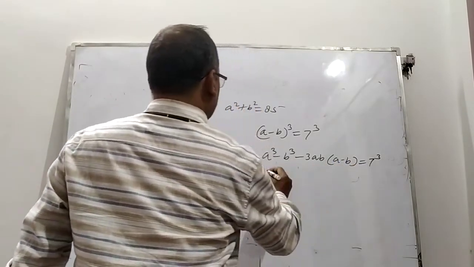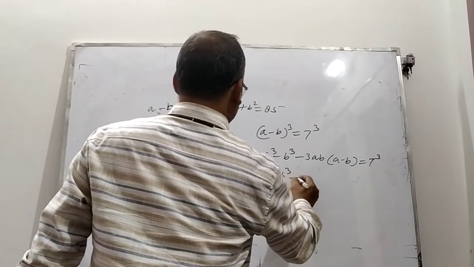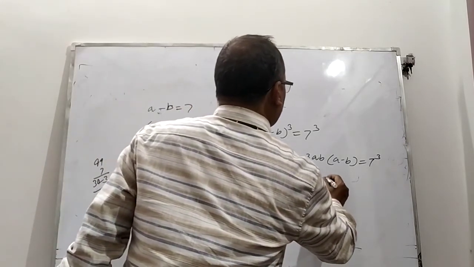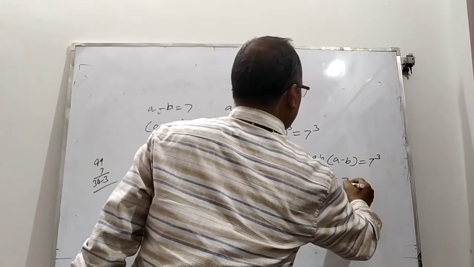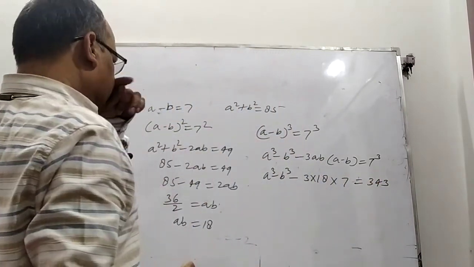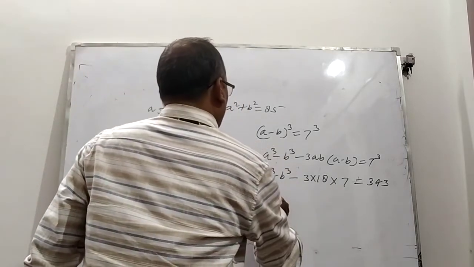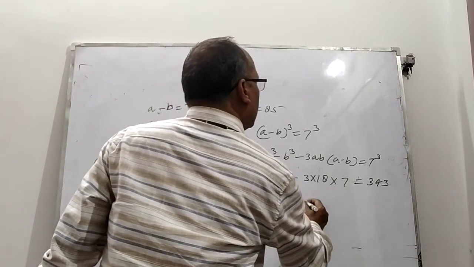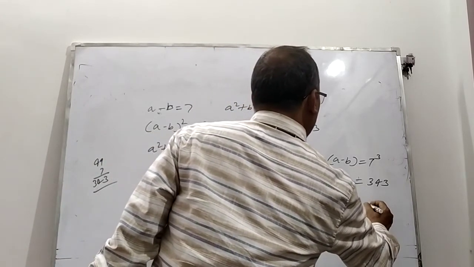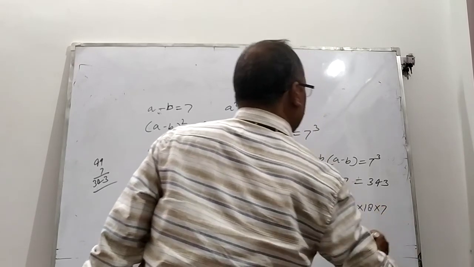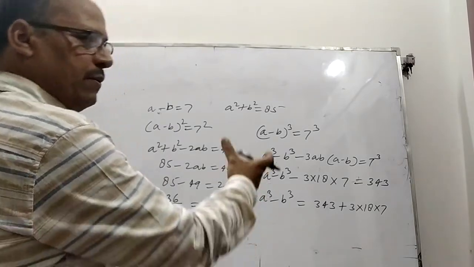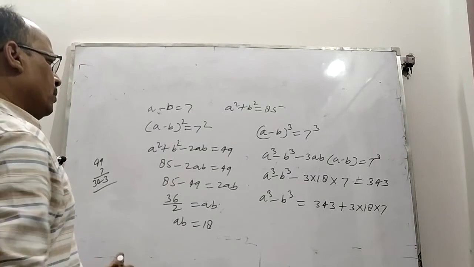Then you write here A cube minus B cube minus 3 into what is the value of AB? 18. 3 into 18 into 7 equal to 343. Or A cube minus B cube equal to 343 plus 3 into 18 into 7. Clear? Then you can get the value by simplifying.